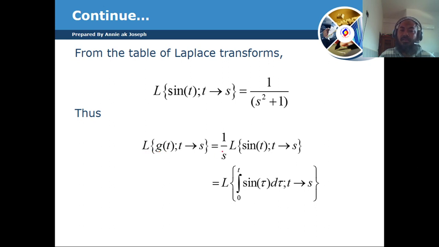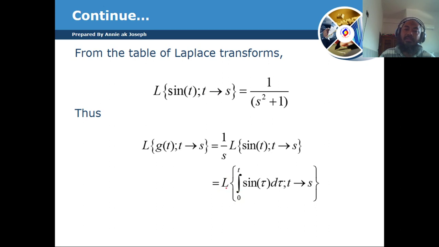So now the Laplace of g is equal to 1 divided by s multiplied with the Laplace of sin t.